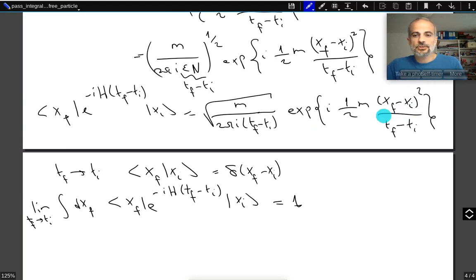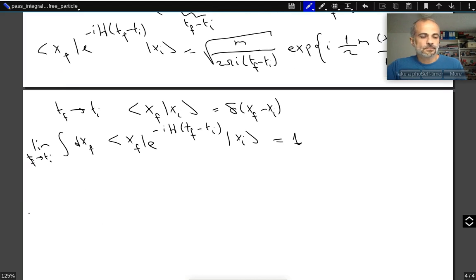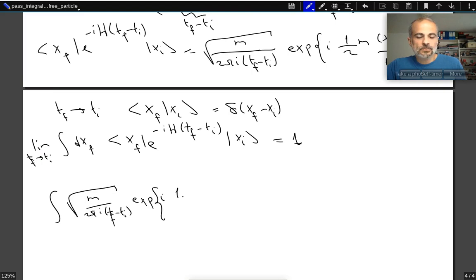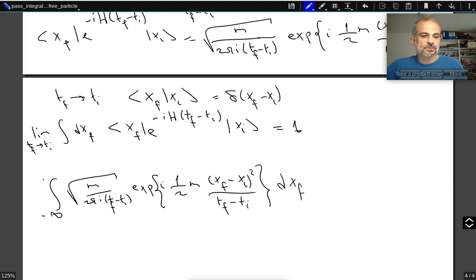So this is our expression. I need to evaluate with respect to xf. Integral of m over 2 pi I tf minus ti, exponent of I 1 over 2 m xf minus xi squared divided by tf minus ti, over xf from minus infinity to infinity.